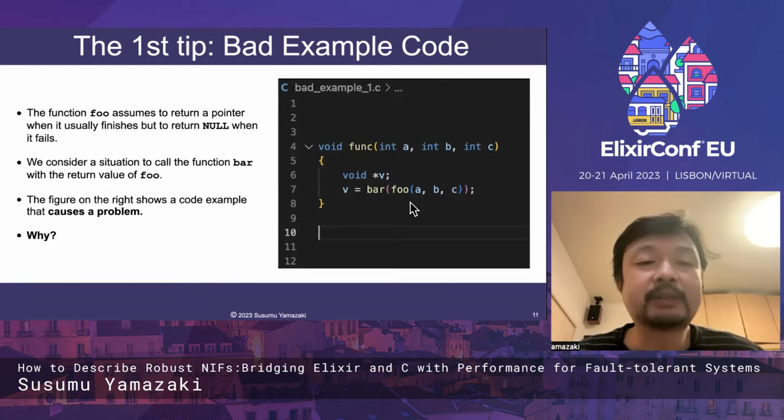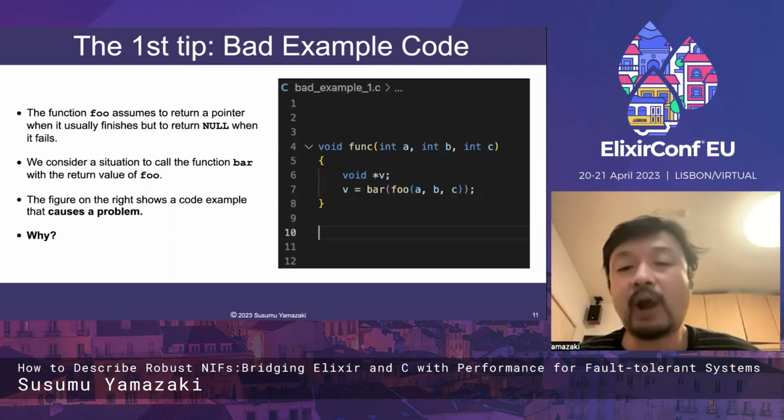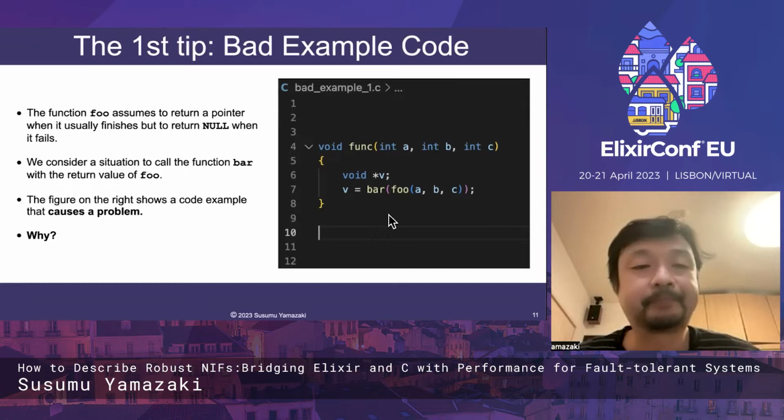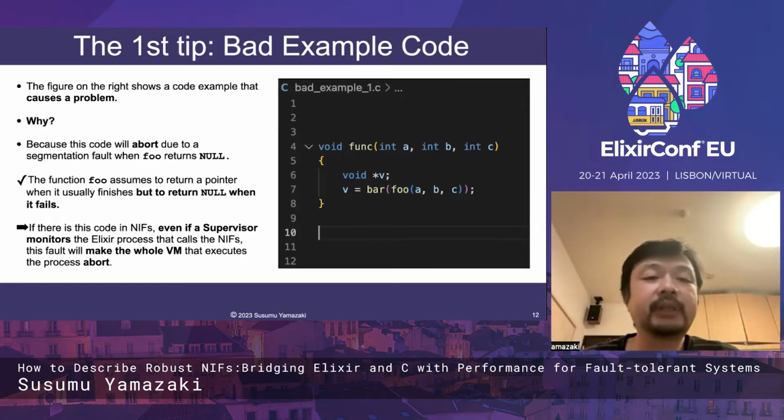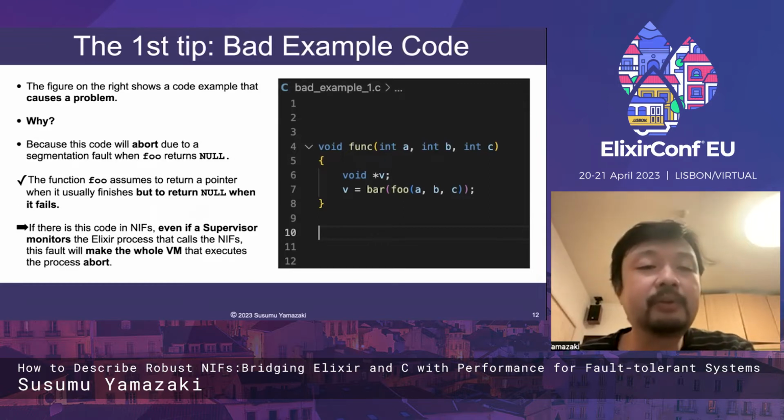Consider a situation to call the function bar with the return value of foo. The figure on the right shows a code sample that causes a problem. Why? Because this code will abort due to a segmentation fault when foo returns null.